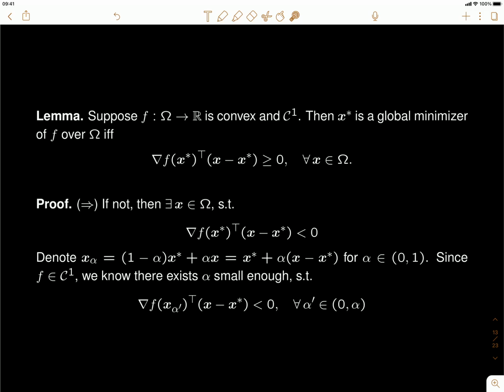Now we consider the necessary and sufficient condition for a global minimizer. Remember that previously, if the function f is not convex, we derived the first order necessary condition and the second order necessary condition for a point to be a local minimizer.